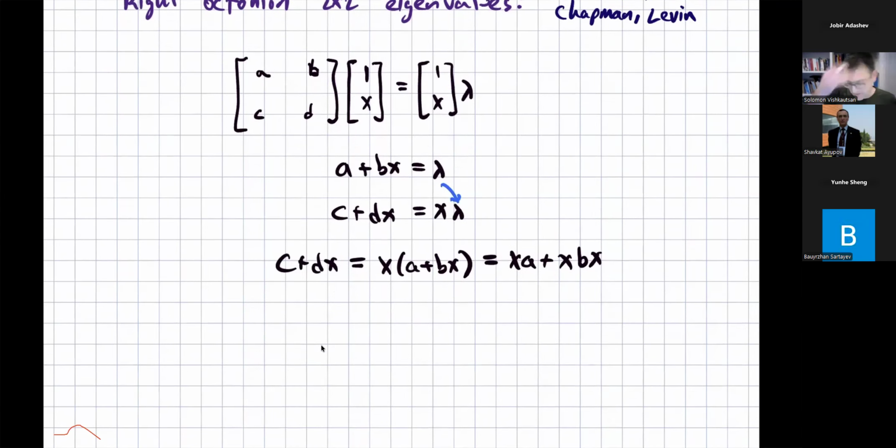And now what we do is multiply by b on the left. So again, we need b to not be 0. We multiply by b on the left, and we get the following situation.